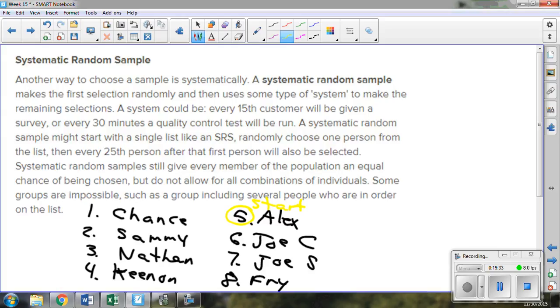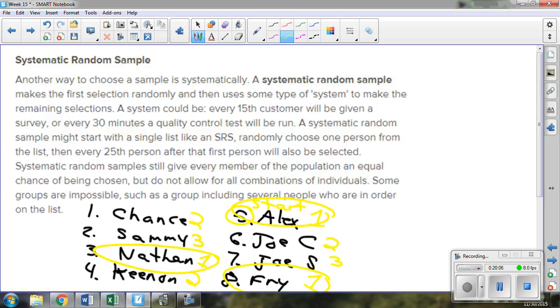And say whoever winds up in group 1, those are the sample. So looking at it this way, we wound up here picking Alex, and so we'd say that's group 1, group 2, group 3. Group 1, group 2, group 3. Group 1, group 2. And so what we wind up with is all the people in group 1. That is our sample.